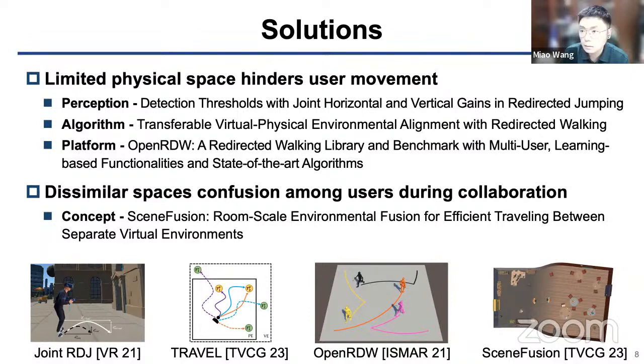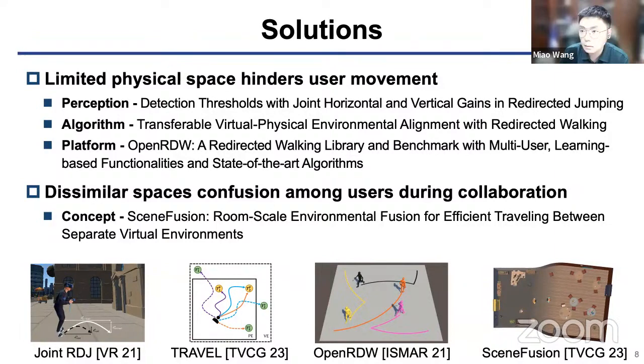And at another level, we have released an open source library and benchmark for redirected walking techniques. And fourthly, we have proposed a concept for distributed virtual environments. And these papers have been published in VR, ISMAR, and TVCG.